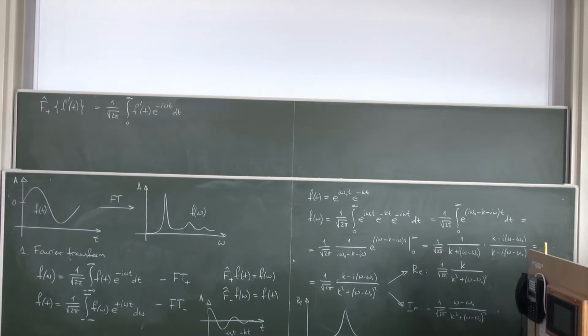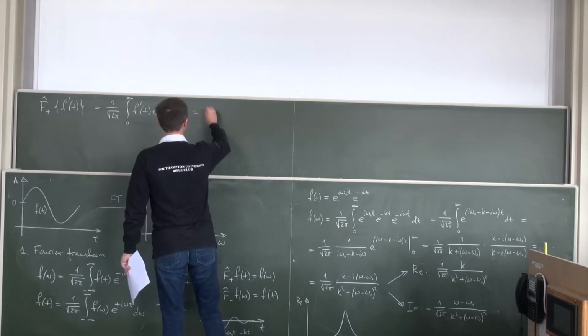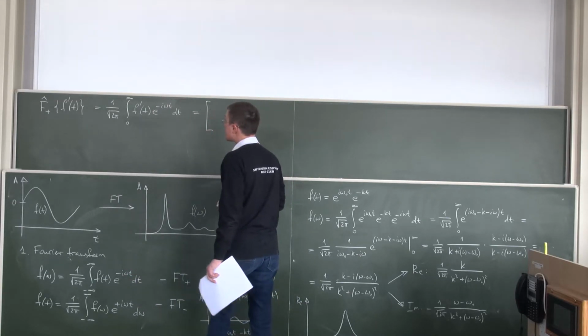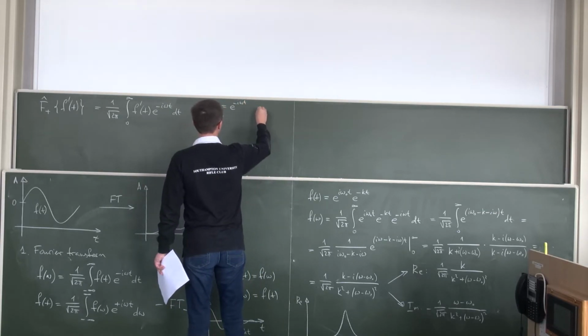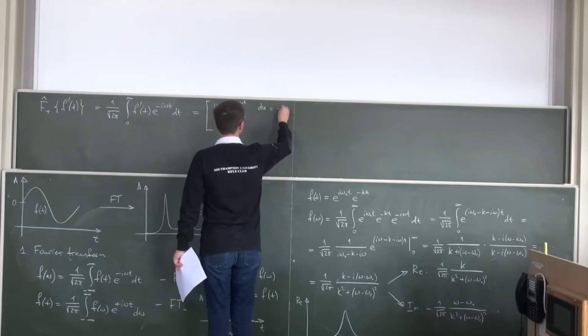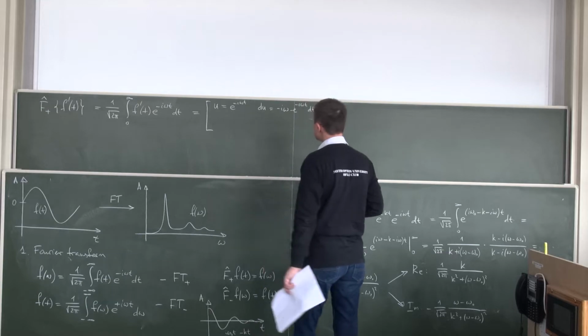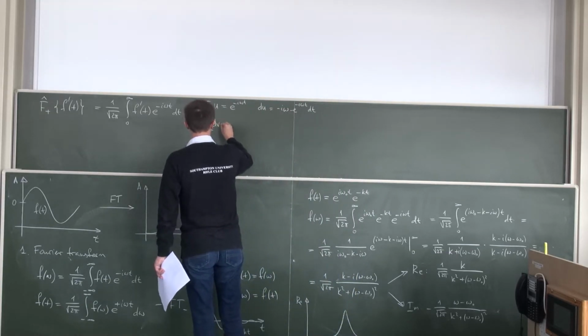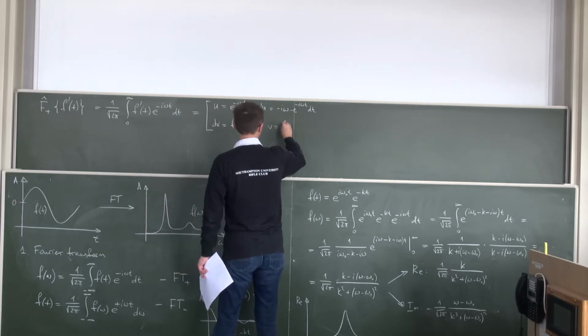Well, we have an integral, and you remember the integration by parts that would allow us to actually pop this derivative off. So what I will say is, in the integration by parts scheme, u is e to the minus i omega t, and therefore du is minus i omega e to the minus i omega t dt. I just differentiated that. Then dv will be f prime of t dt, and v is therefore f.